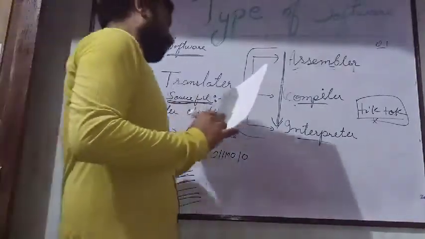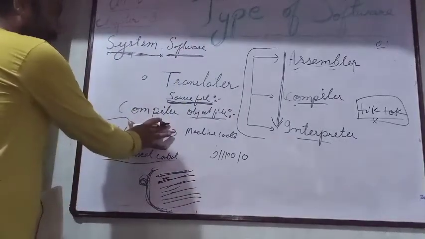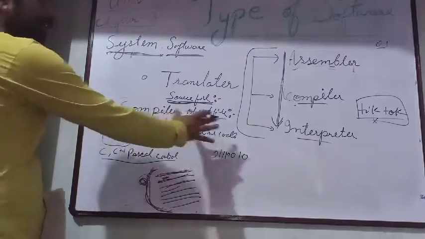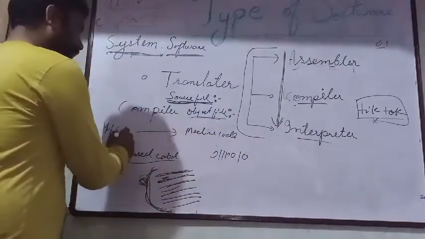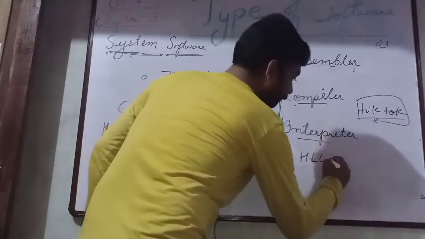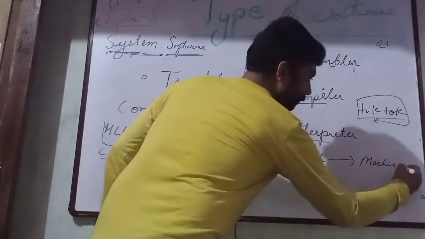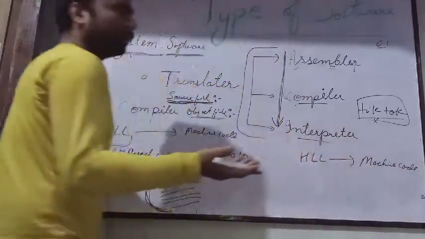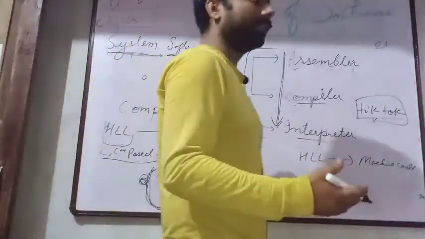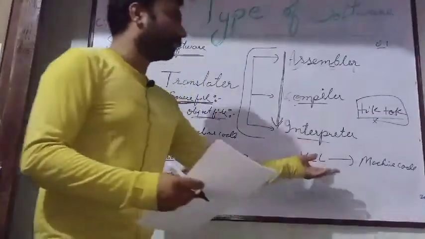Okay, so this was the information about the compiler. But the interpreter is also for high level language. Everything has to be converted into machine code, because the machine has to execute it, and finally the output will be given from the machine processor only.